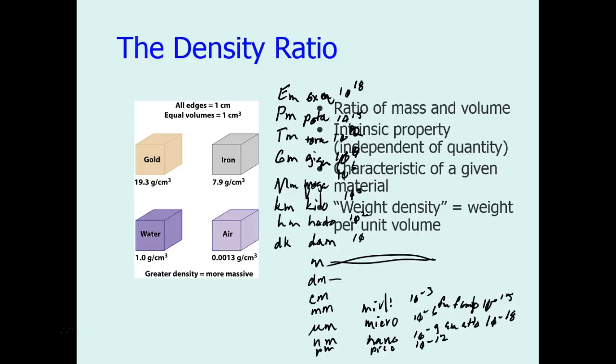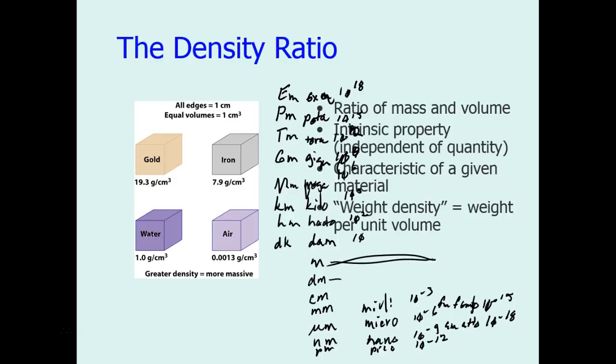That's the handiest thing to use for density in my mind. Copper, much denser, 8.96, almost 9 grams per cubic centimeter. Believe it or not, copper is denser than iron. Iron is 7.87, almost 8 grams per cubic centimeter. Lead, really, really dense, 11.4 grams per cubic centimeter.